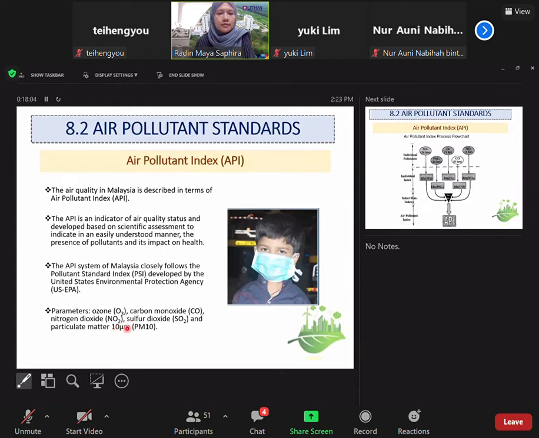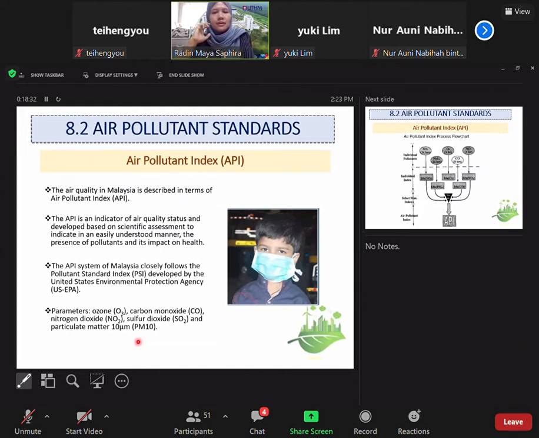The 10 micron is a size. It means our device is set to capture particles less than 10 micron. Particulate matter below 10 micron can penetrate into our respiratory system, which means it can enter our body.